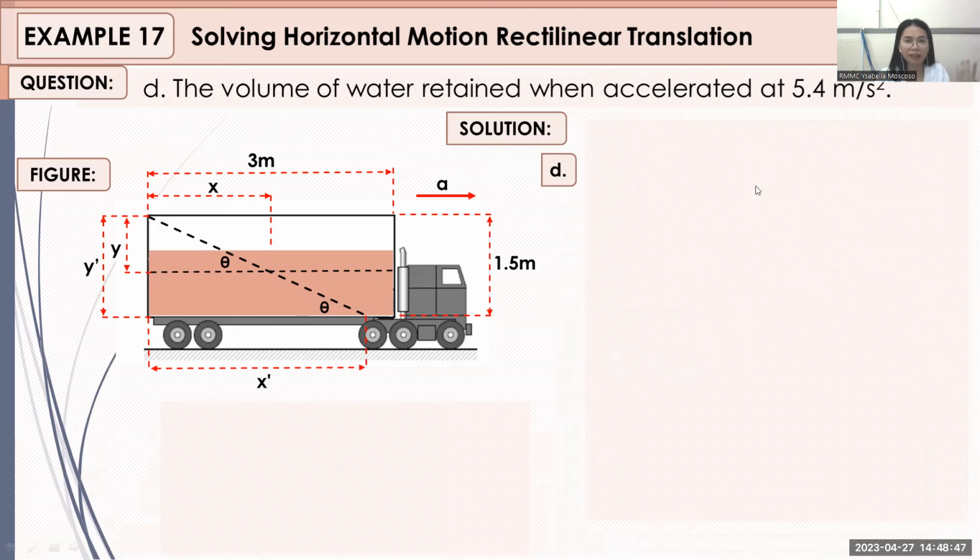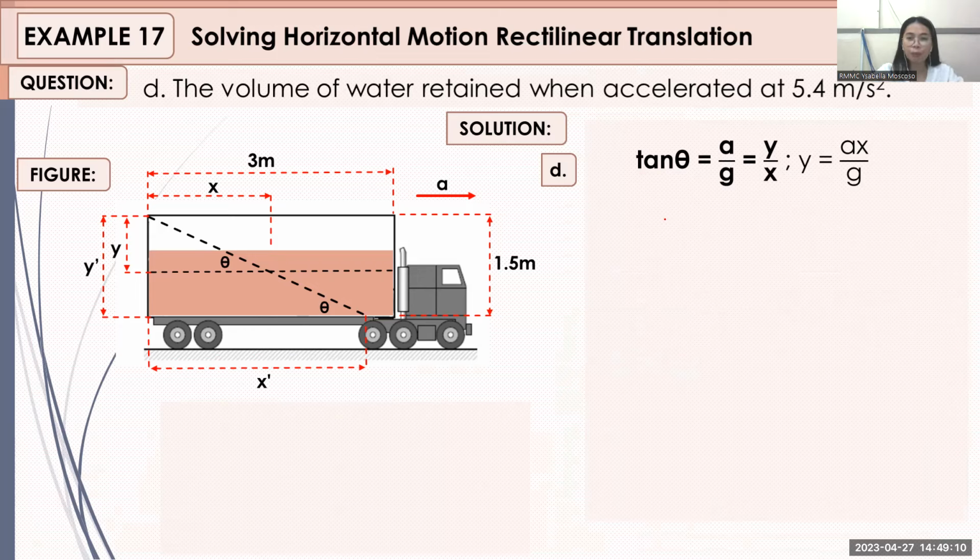Ibig sabihin, mas may matatapon pa talaga na tubig nun. So kukunin natin ngayon kung ilan na lang yung naiwan. So in that case, magbabago din yung value ng y ninyo. Bakit magbabago yung value ng y? Kasi nagbago yung acceleration ninyo. I hope I'm making sense.